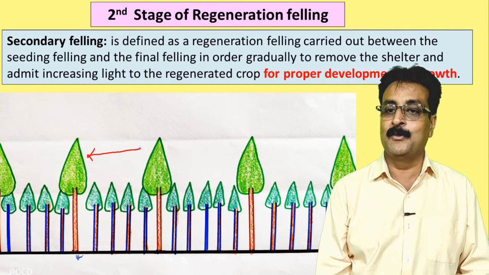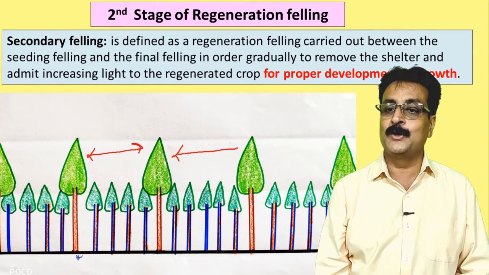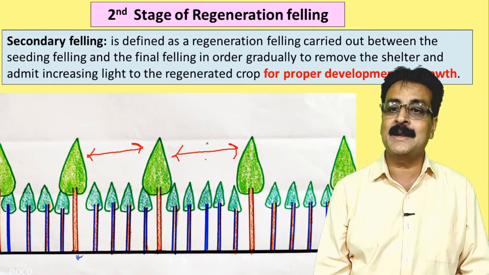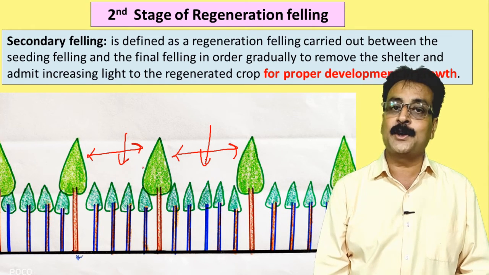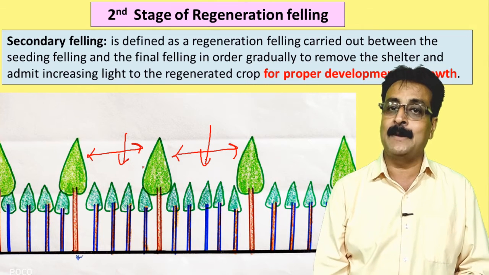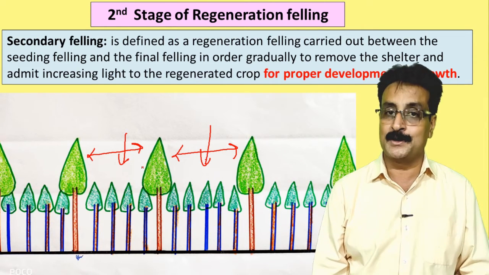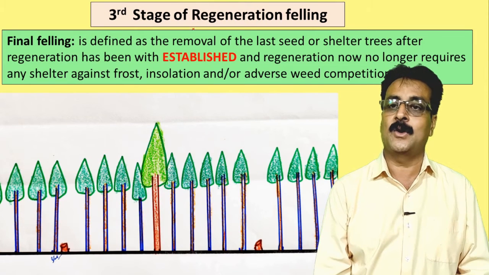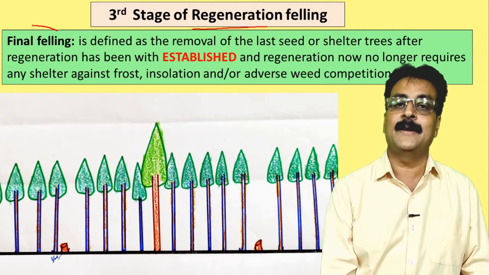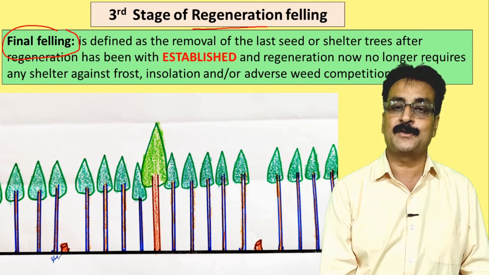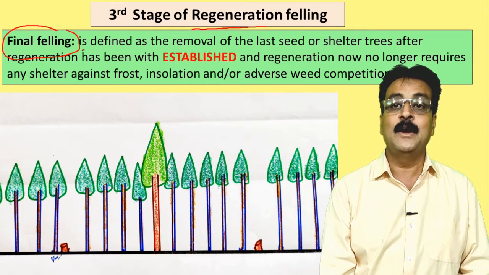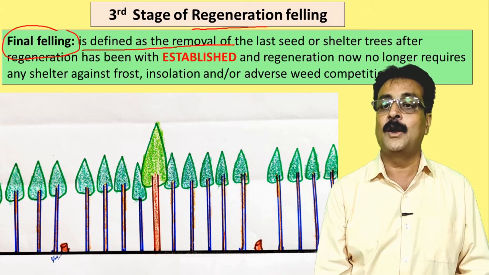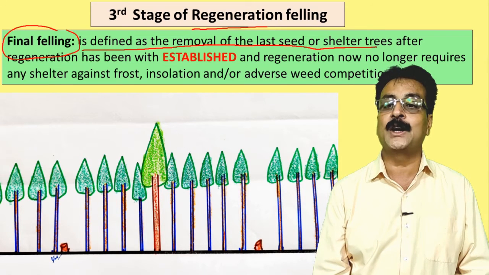Now we are removing more trees, so we also give them growing space and sufficient light, so that the regenerated crop which has converted to sapling and pole becomes a very good young tree. And the third stage is called the final felling, which is defined as the removal of the last seed or shelter trees.